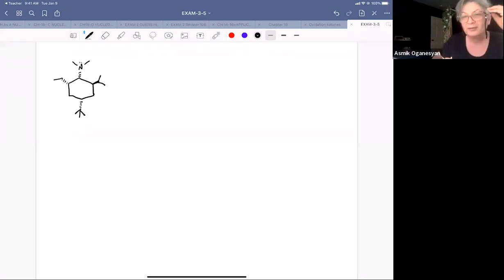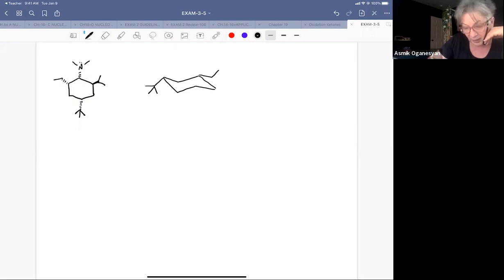That's good to know. Okay, so now in this case, again, I want to start with the most stable conformer, with T-butyl group going equatorially down, going clockwise, 1, 2, 3. On position number 3, I have my ethyl group equatorially down.